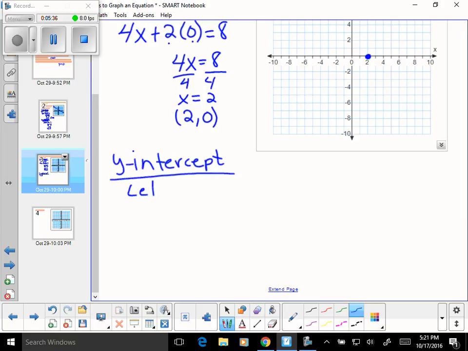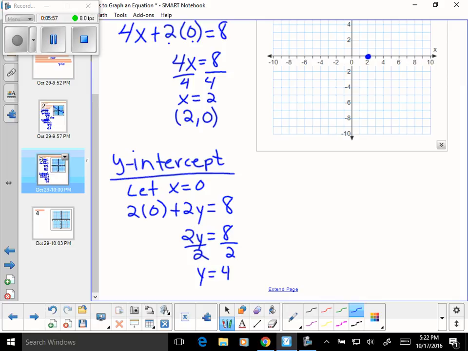That is where I let x equal 0. So I will have 2 times 0 plus 2y equals 8. 2 times 0 is 0. 0 plus 2y is 2y. Divide both sides by 2. Y equals 4. And my intercept is going to be 0, 4.